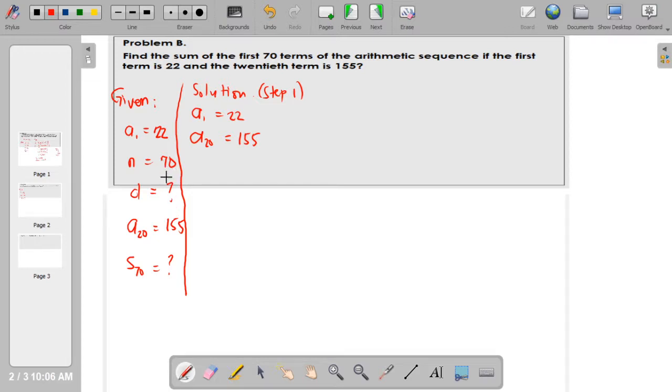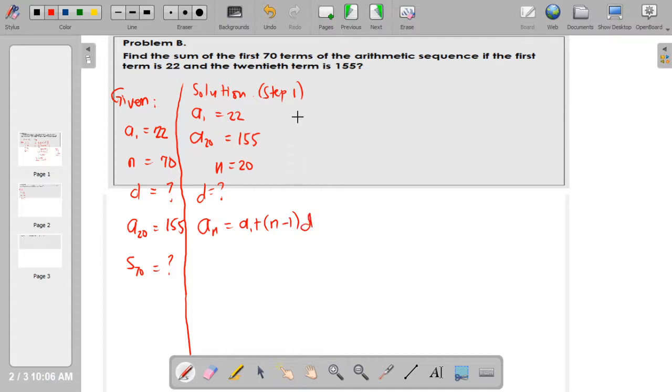Is our n 70? No, n 70 is for the 70 terms, but we are only using the 20th term, so our n should be equal to 20 to get the common difference. Okay? Now, we will use the formula a sub n equals a sub 1 plus quantity n minus 1 times d.